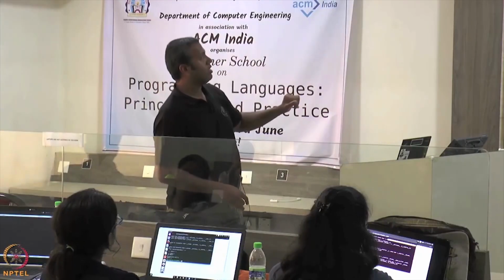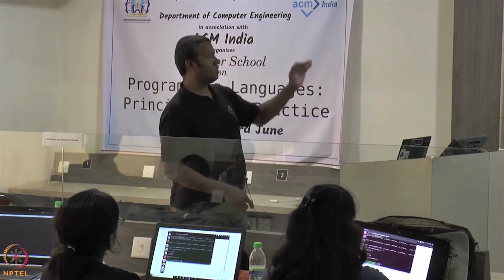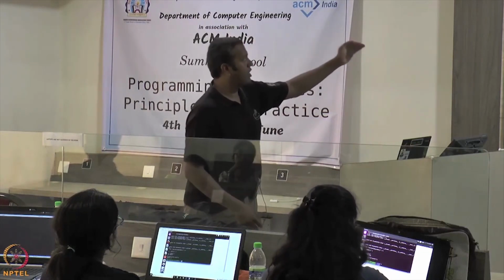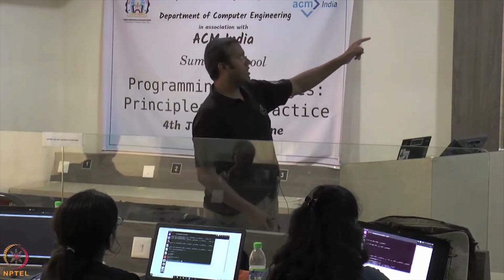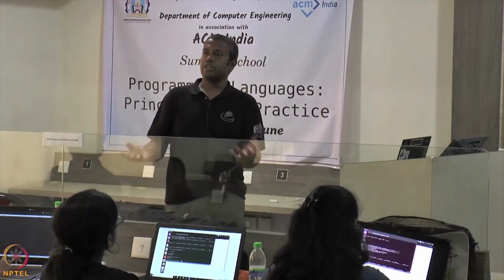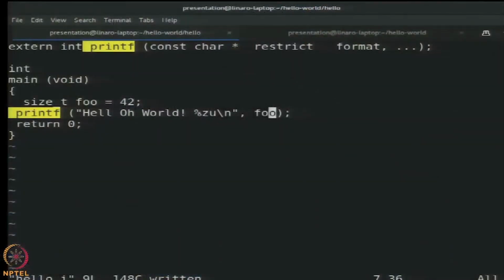That is perfect. Now, you have foo, which is of type size_t. Then you have printf as a function, right? And at this point, it's going to start wondering what is printf. And then you give it the declaration, correct?